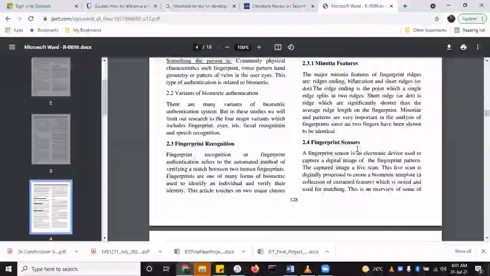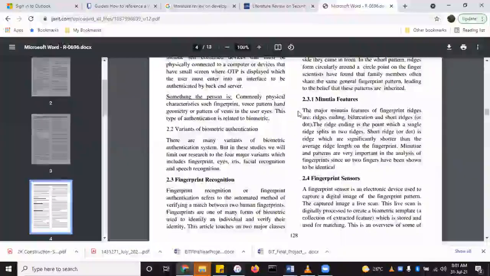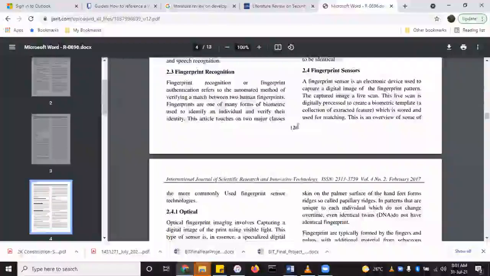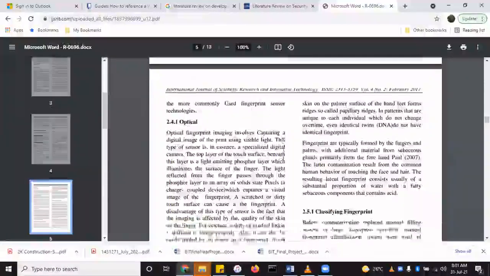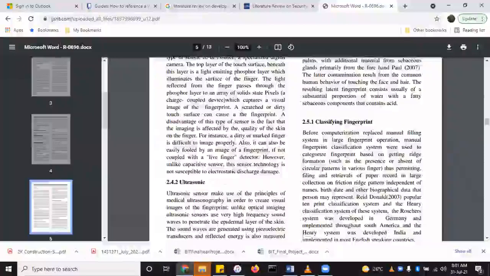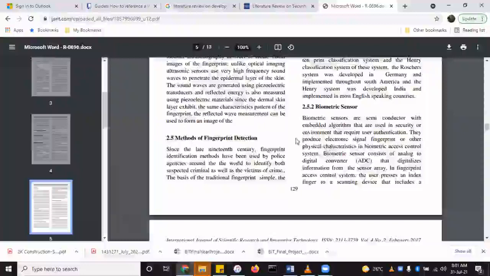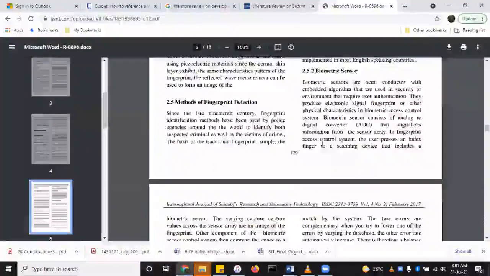So you have your fingerprint sensors, your miniature features, fingerprint recognition, opticals, ultrasonics, and various classifications of fingerprints. Yeah, well, it's a lot more of the theoretical concept that relates to biometric systems. We've still not got into how he started breaking down this problem statements yet.